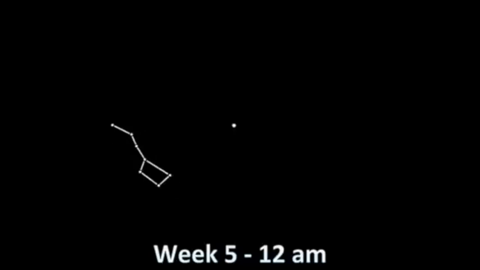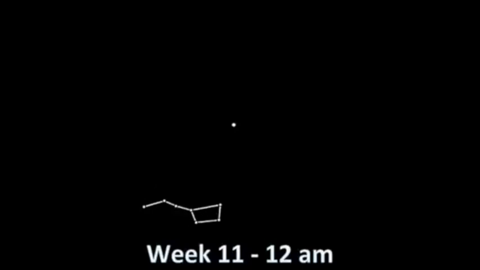And throughout the year, the constellations will constantly shift because they shift 1 degree a day roughly. And we have 365 days a year. So it's slightly less than 1 degree, but you get the point. This is how the constellations shift throughout the year. And this shift causes the constellations to be in a different spot throughout the year.